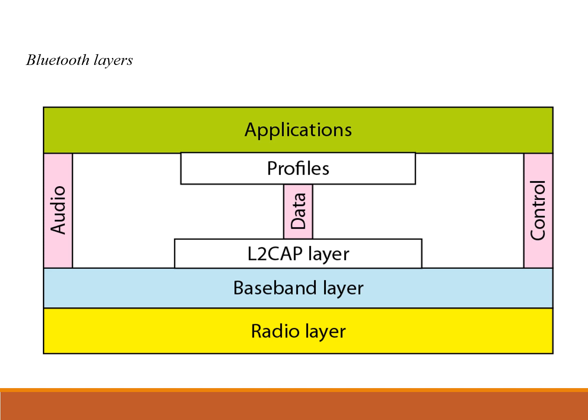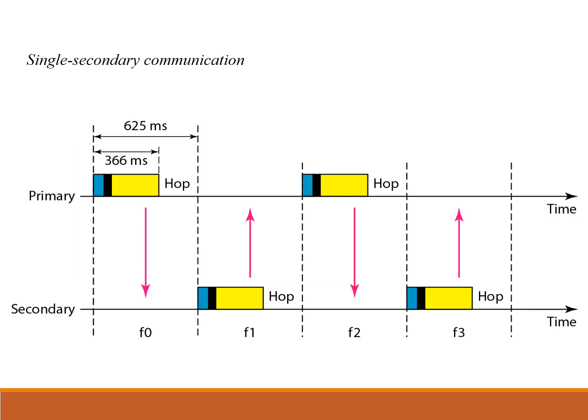For modulation, to transfer bits over a signal, Bluetooth uses FSK and then GFSK, which means Gaussian FSK on a carrier frequency. Now we are going to see the baseband layer. In the baseband layer, we have single-secondary communication and multi-secondary communication. This layer is equal to the MAC sublayer in LAN.